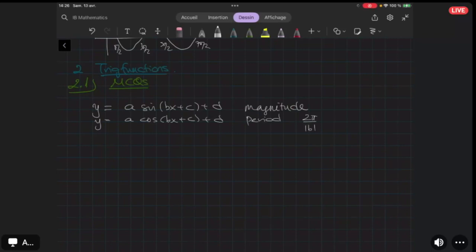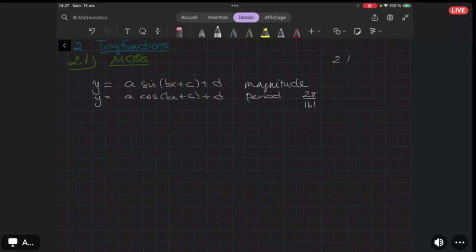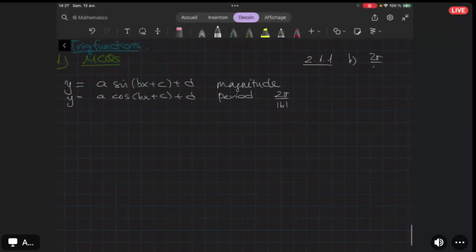Think of it as a horizontal compression or stretch. If the natural frequency would be 2 pi, but if you have sine of 2x, you're moving twice as fast. So now the period is pi because you go faster. So 2.1.1, final answer is B, because the period is 2 pi over pi or 2.